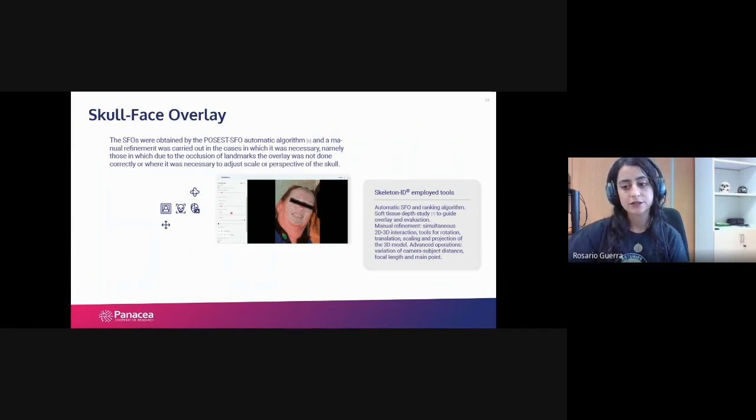And although the location of facial and cranial landmarks was automated, it still requires supervision and might require refinements, like I was saying. And well, we use this automatic ranking algorithm that would always place the positive case within the first 3 candidates, and this information was made available to the participants.